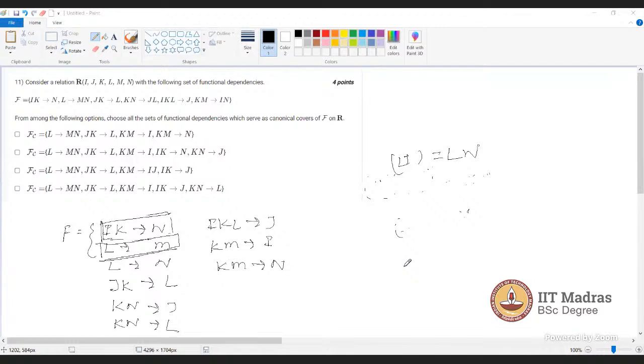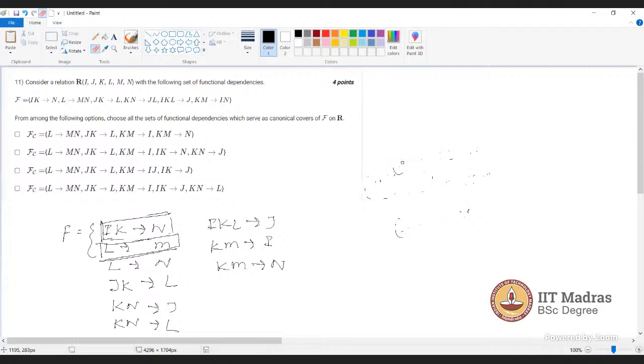Okay, yeah. So is L extraneous or not? Sorry, is L a redundant functional dependency or not? So L is not extraneous. Not redundancy, right?